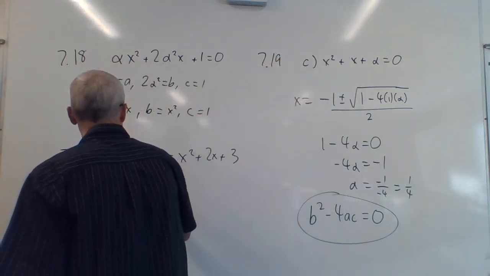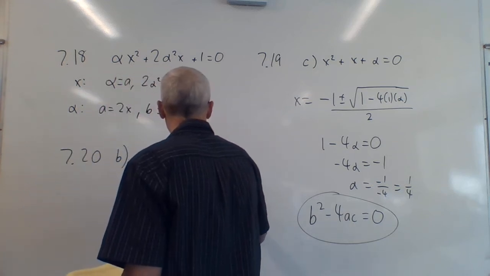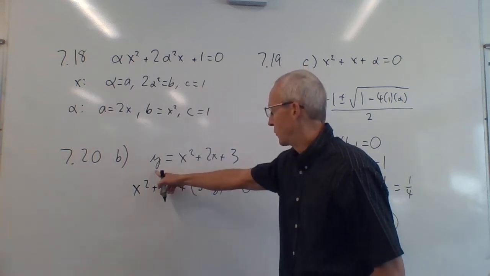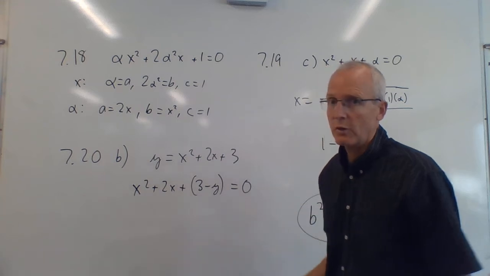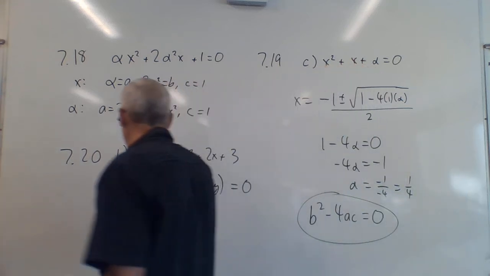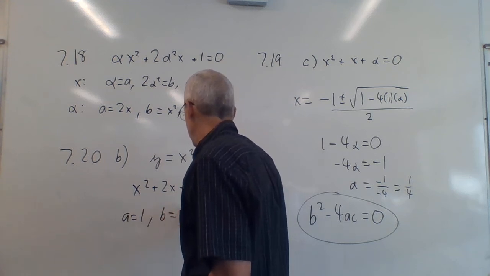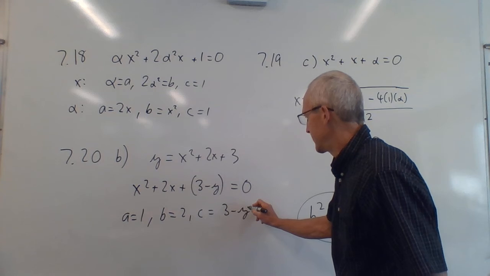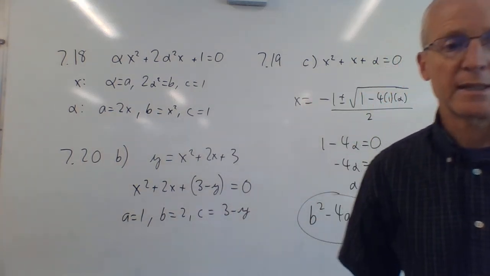X squared plus 2x plus 3 minus y is equal to 0. Now we have it like the quadratic formula. A is equal to 1, the thing in front of the x squared. B is equal to 2. And c is equal to 3 minus y. Then we just use the quadratic formula with c equals 3 minus y. We get a weird-looking answer, but that's okay.